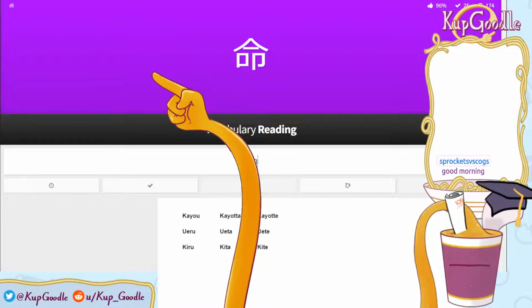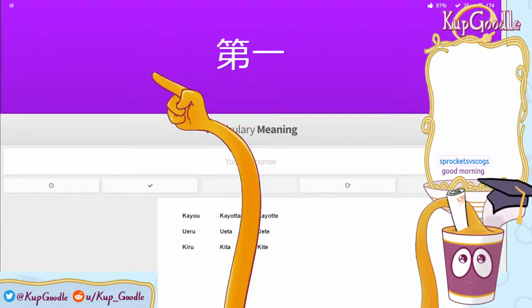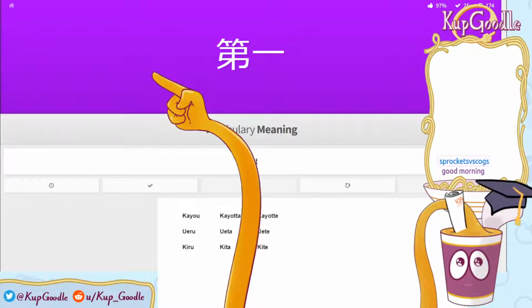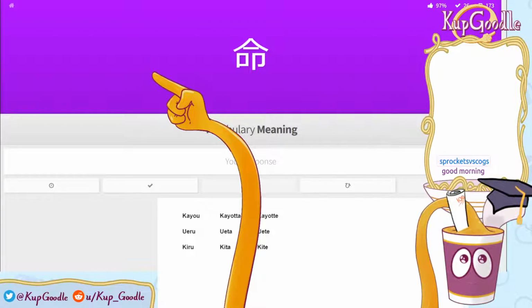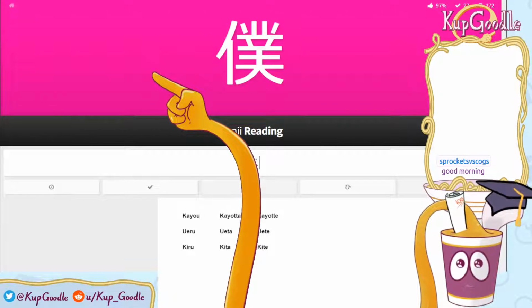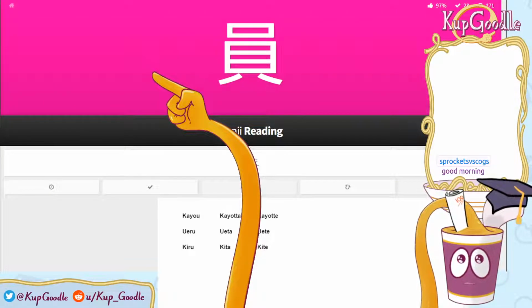Inochi. That's life. Daiichi is first. Meaning life. Reading boku. That is a member, right?